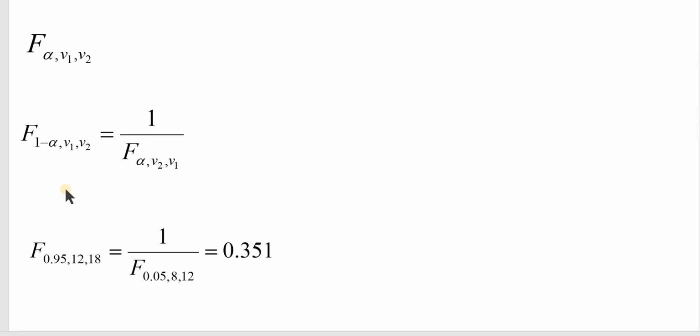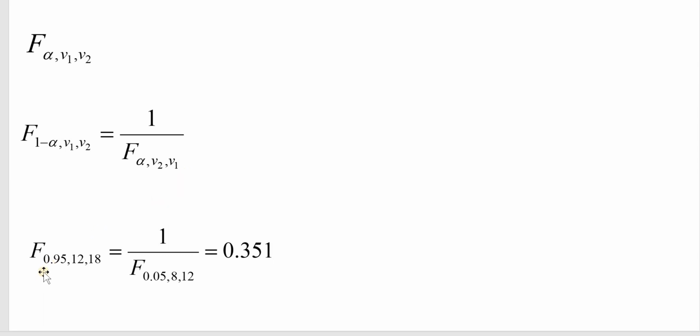because the F distribution has limited values of alpha. For example, if we want to find a greater alpha, such as 0.95, it is given as 1 minus alpha, with V1 and V2 as usual. We can find this F value by finding the inverse of an F value, where the alpha becomes 1 minus alpha, and we swap the degrees of freedom: V2 becomes V1, and V1 becomes V2.